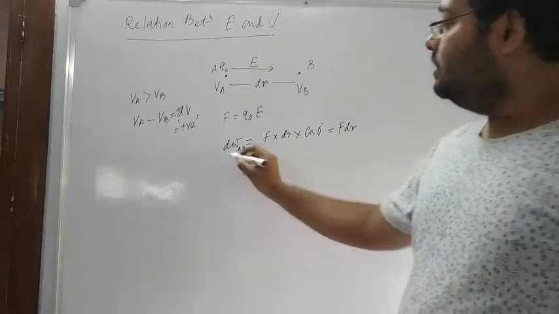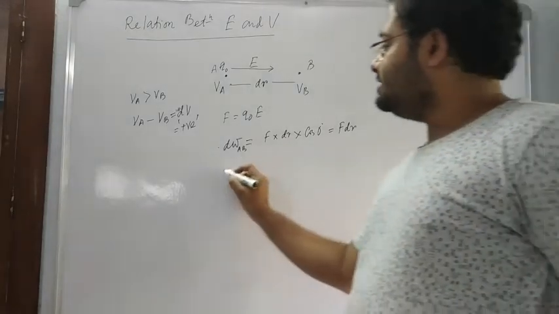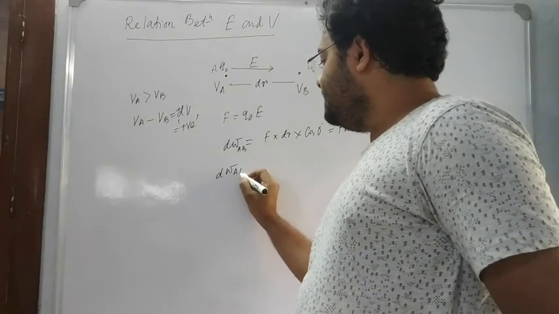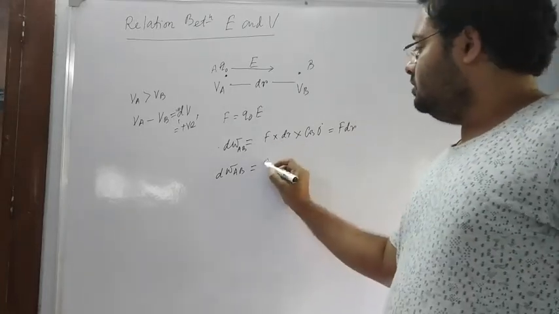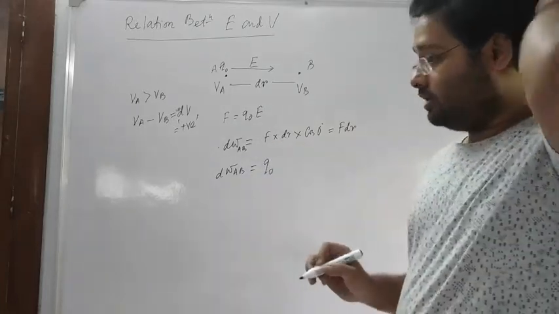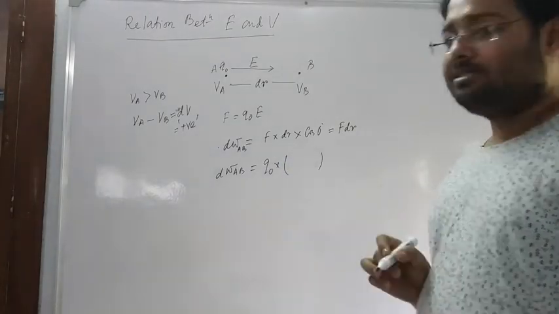But we can calculate this dW_ab from the concept of potential. Concept of potential is directly related to work. So what is dW_ab in terms of potential? What is the work done? Work done, you know, source, this test charge formula, q naught times potential difference.